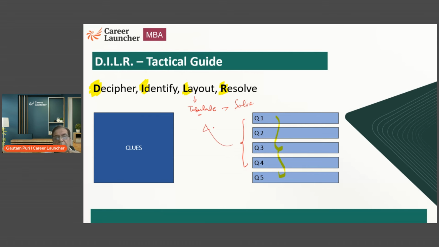Make sure this is a back and forth process. You make a part of the table, go to the question, eliminate choices, get the answer, pick up more information, fill up the table. So between the table and solving and questions, you have to keep going back and forth so that you are able to get the answers faster.